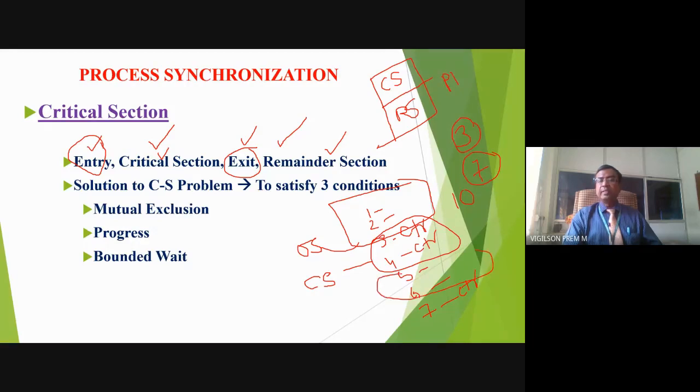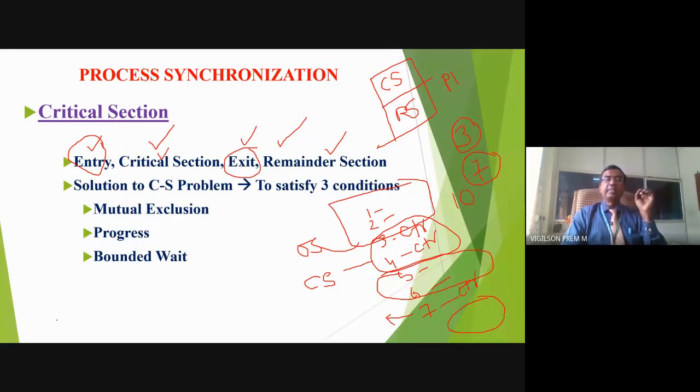Then lines 5 and 6 will be done in the remainder section. Then 7 will use the critical section. Then 8, 9, 10 will be in the remainder section. To say it simply, whenever you are accessing a shared or common variable, you need permission from the operating system to get the access.